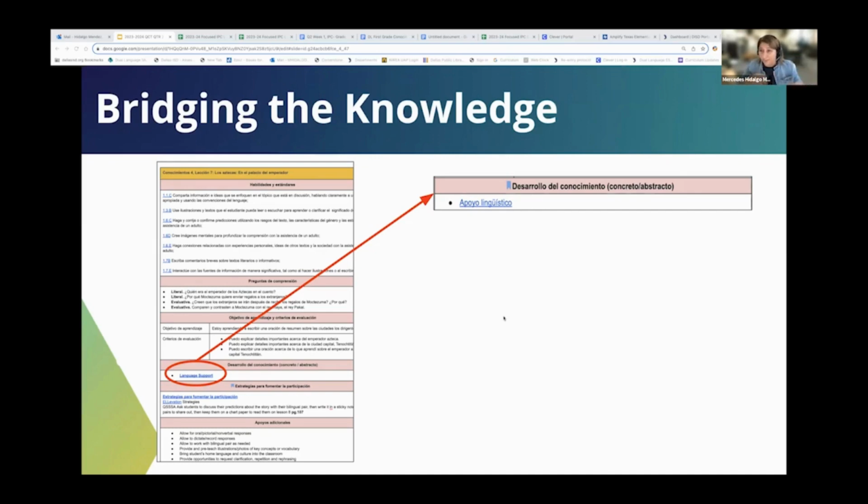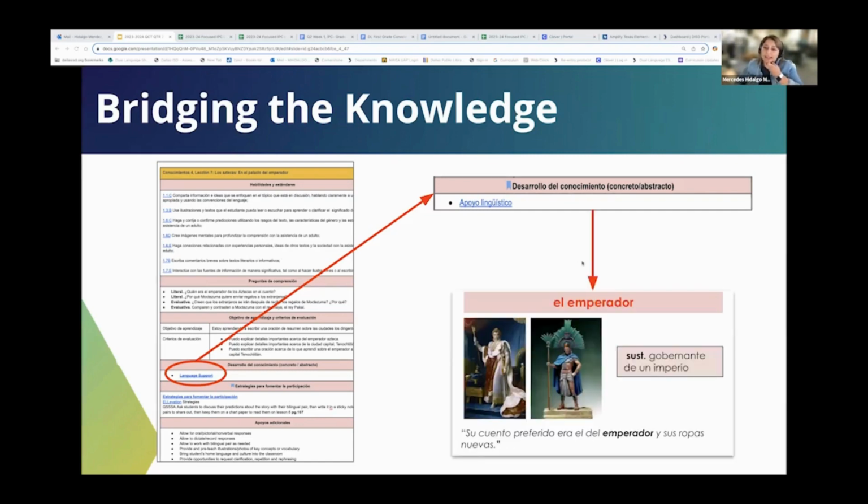And this clarity document is where we break apart the lesson and we give you the tips, engagement strategies, etc. And here's where you can find the soporte lingüístico, apoyo lingüístico, or language support. And this is where you're going to find the slides that have the vocabulary words for each lesson in conocimientos.